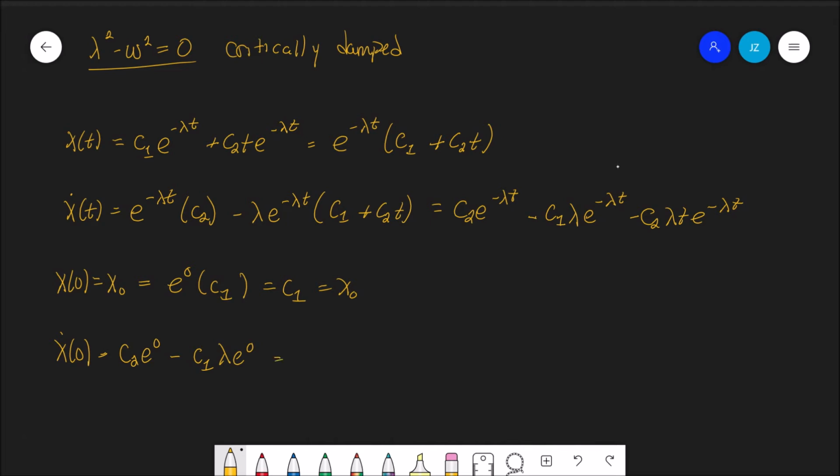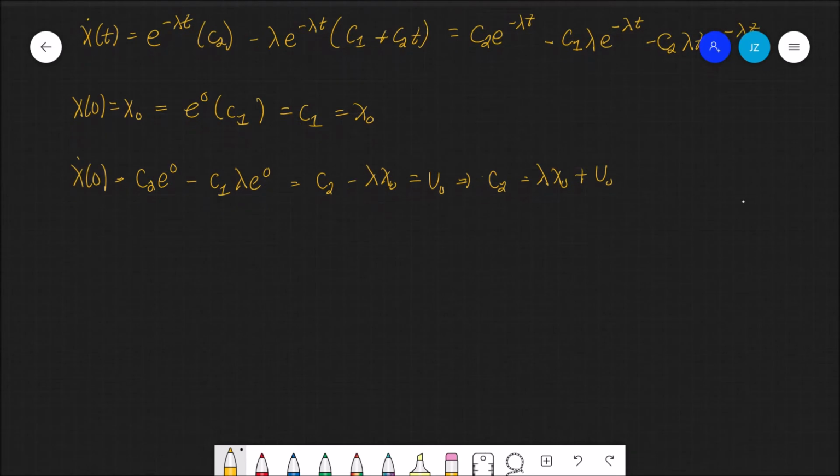So this winds up being C2 minus lambda x naught, and this whole thing has to equal V naught. And so C2 is lambda x naught plus V naught.